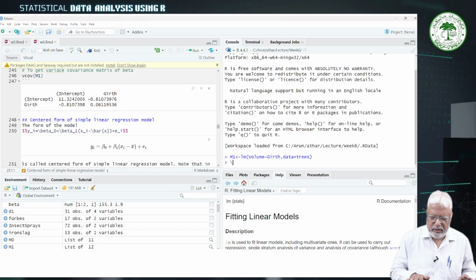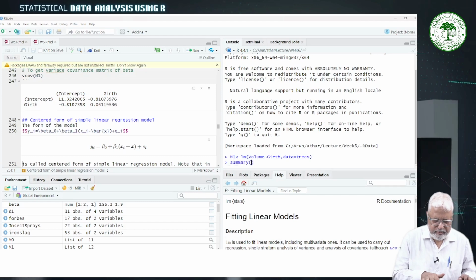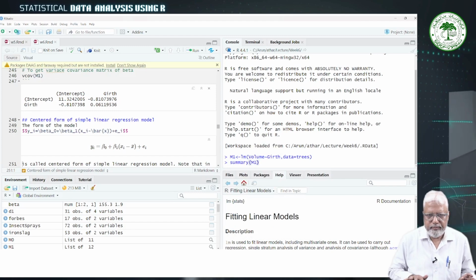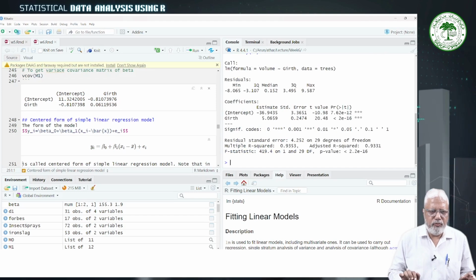Here, summary M1 gives minus 36 point something.